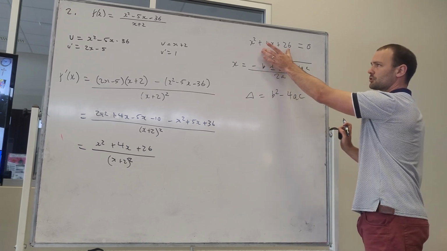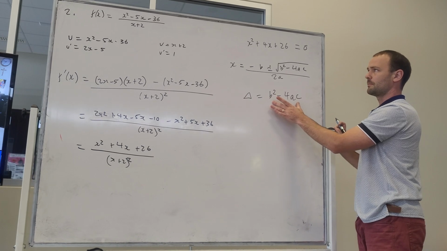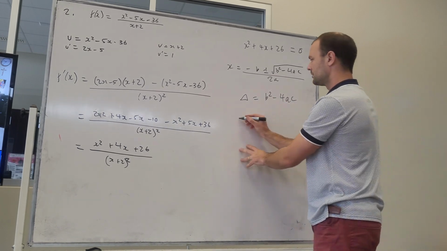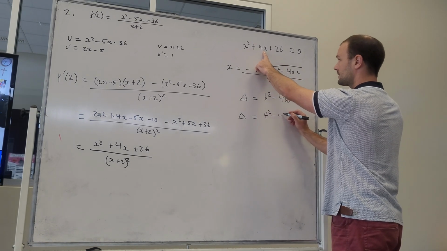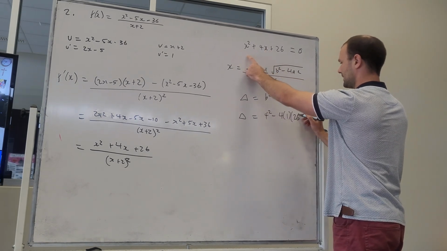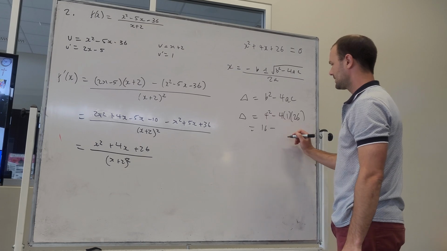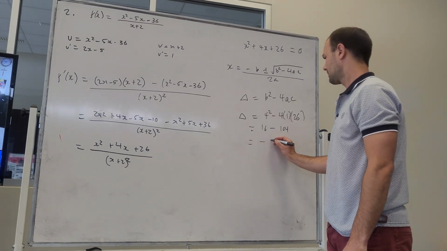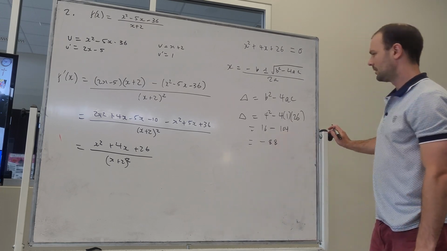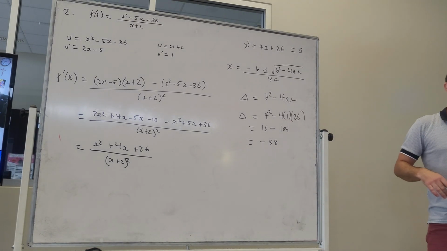So with this function, let's go ahead and find the discriminant for it. The discriminant of this function is going to be b squared, 4 squared, take 4 times 1 times 26. We've got 16 take 104. We've got negative 88. Okay?